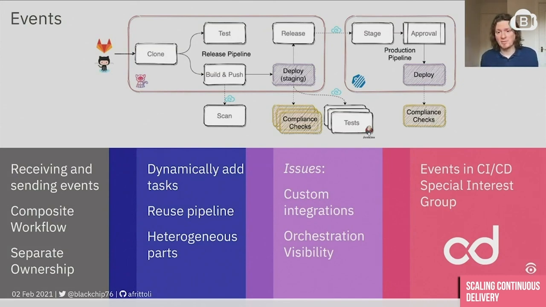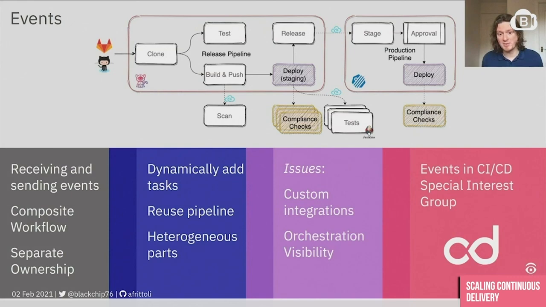We may have a bunch of test suites already running in Jenkins, and maybe we want to trigger them, and we may want to incrementally add tests, and that is owned by a team which writes a test, and they don't need to worry about changing the core pipeline to do that. They just receive the events and trigger extra pipelines, for instance. So this approach provides a number of benefits.